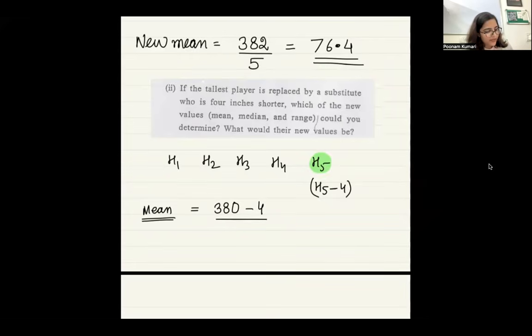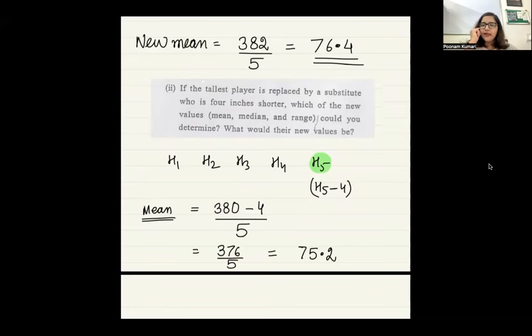And then how many people are there? 5. So the new mean will be this. So this is 376 divided by 5. So what does it give you? 75.2. Right? Yes, ma'am. This is fine.